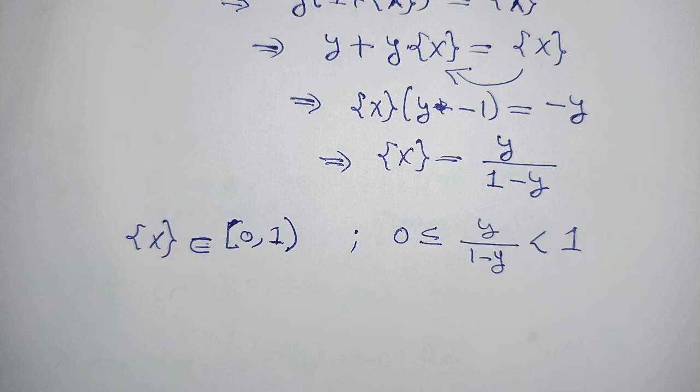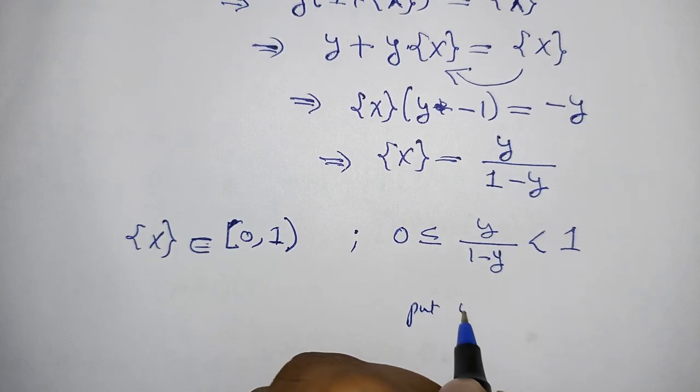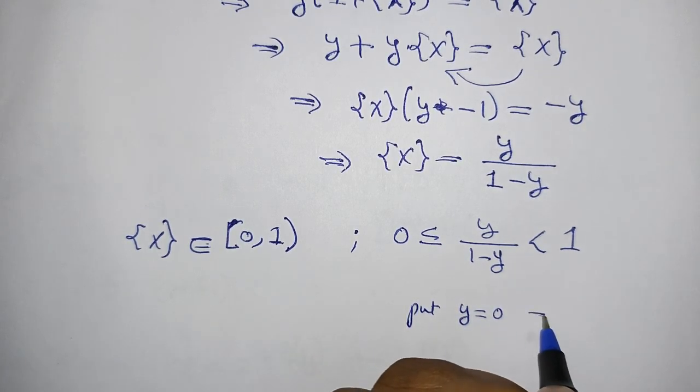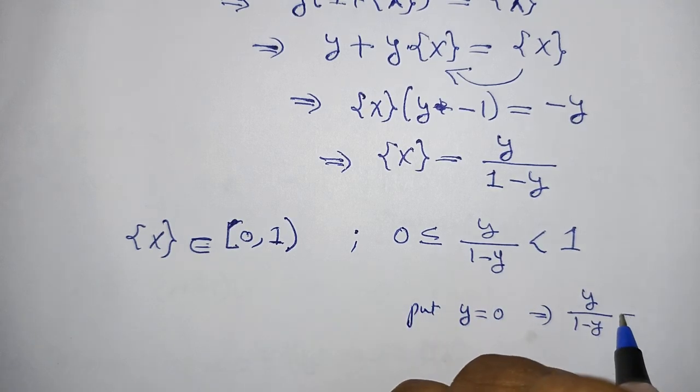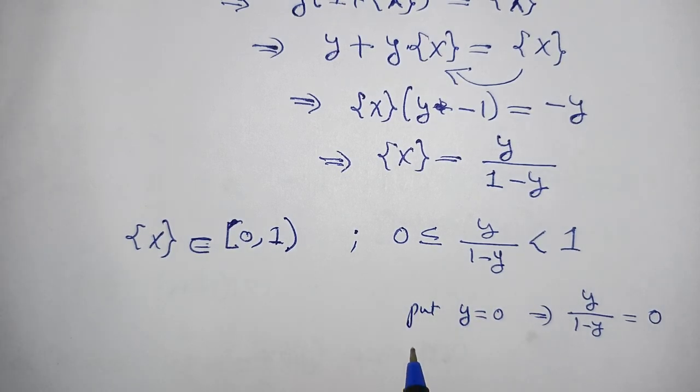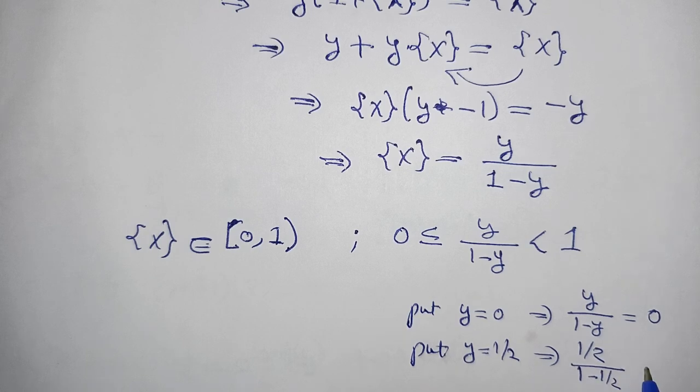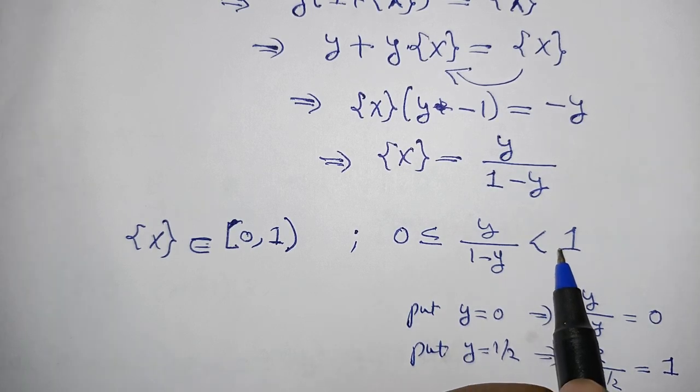So now what will be the range of y? When you put y equal to 0, this implies the whole value y/(1 − y) is equal to 0, and when you put y equal to 1/2, this implies (1/2) divided by (1 − 1/2) is equal to 1, which is exceeding the value.